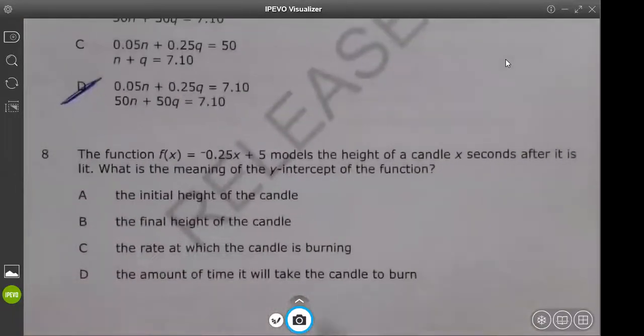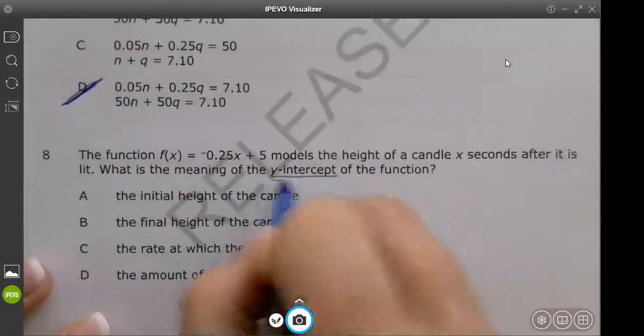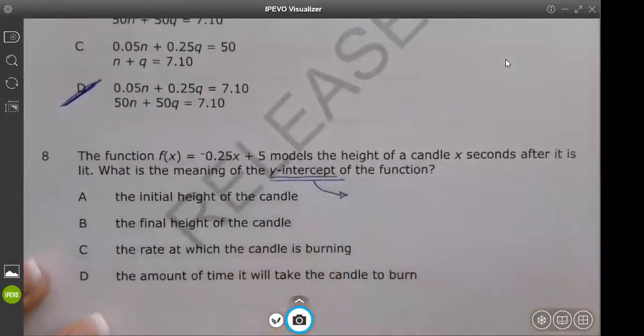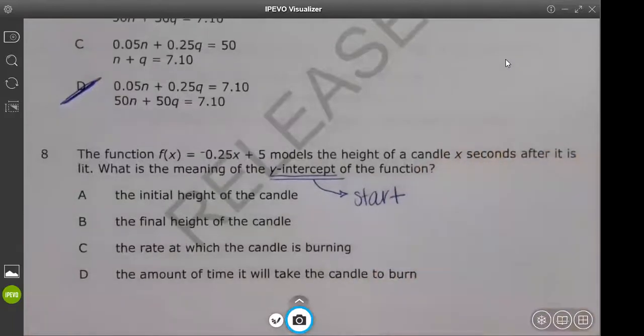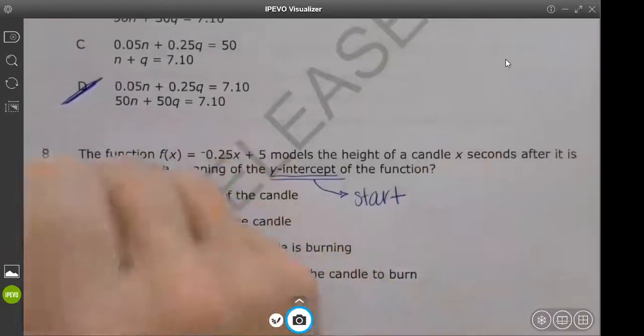What does the y-intercept mean? What did I tell you the y-intercept also is? Where you start. You're going to read your questions and see which one says where you start. The initial height of the candle, the final height, you know, that's the end, so we don't want that.